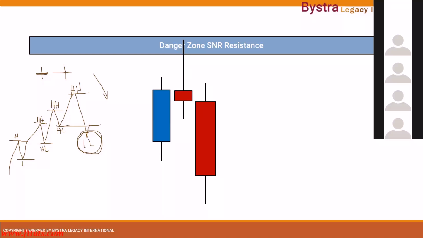Anybody want to take a guess? It won't prank us and go up like that. Why doesn't it take the QML here? Instead, it pranked us and went up. Anybody want to take a guess again? Right? So normally when we see a structure like this, higher high, higher low, higher high, lower low, normally for SND traders, we will always wait at the QML level here, isn't it?